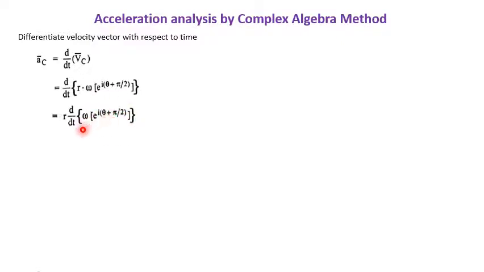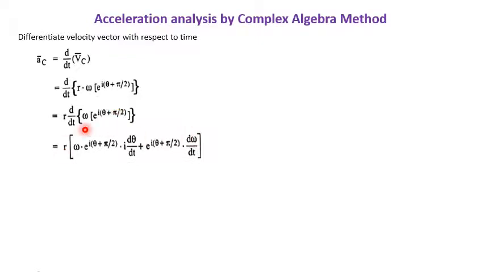Here omega is not a constant and this term is also not constant. Therefore, we have to apply the product rule, that is differentiation of u into v. First we keep omega constant and differentiate this; in the next step, differentiate omega and keep this term constant.